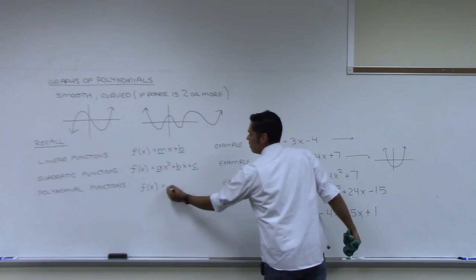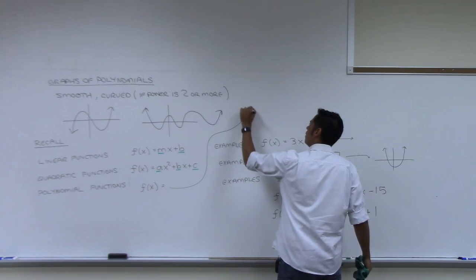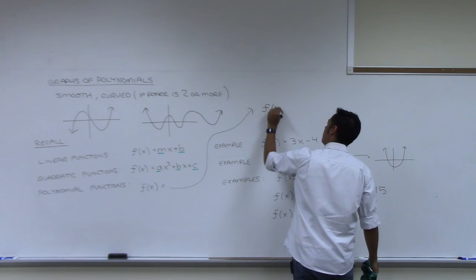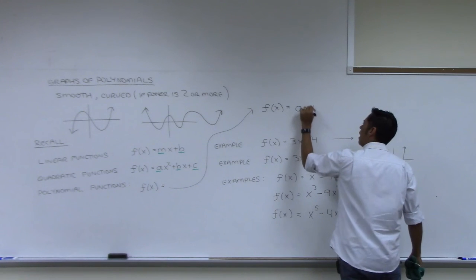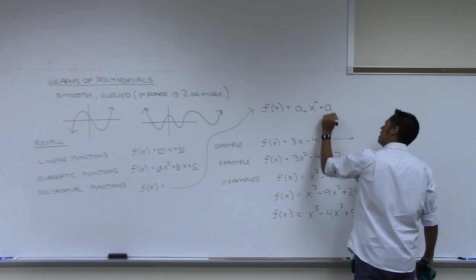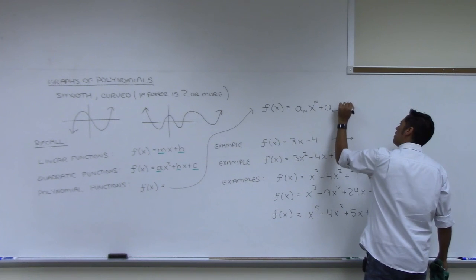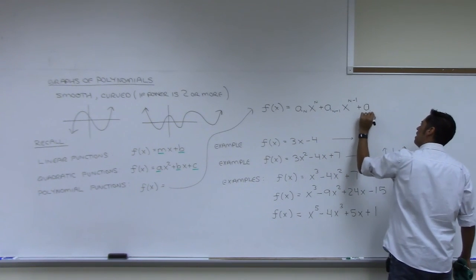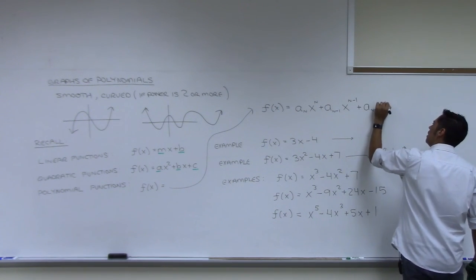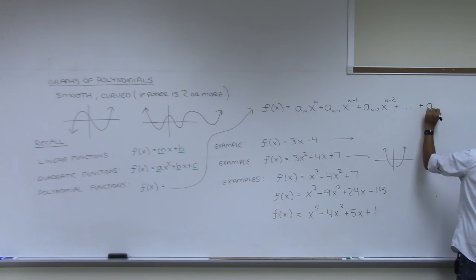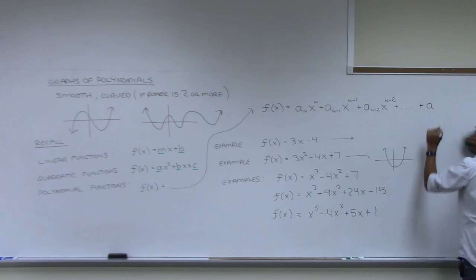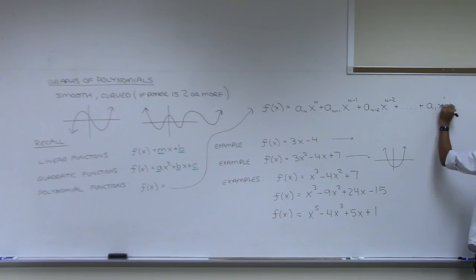So the general polynomial function, here's how we write it. a subscript n, x raised to the n, plus a subscript n minus 1, x to the n minus 1, plus a subscript n minus 2, x to the n minus 2, plus dot, dot, dot, plus a sub 1, x to the 1, plus a sub 0. Right? That kind of makes you nauseous just looking at that?